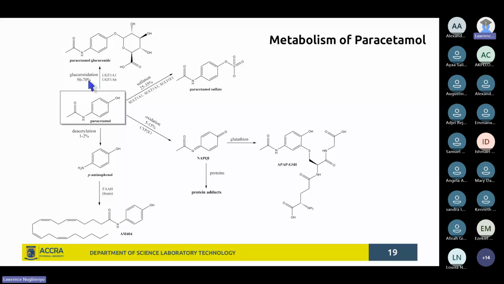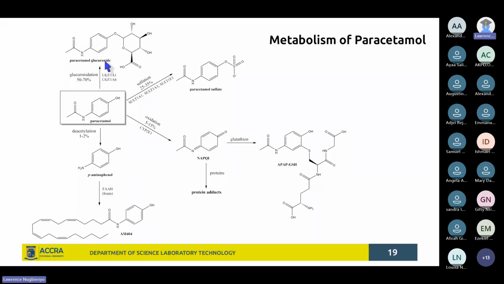About 50 to 70% of paracetamol undergoes this glucuronidation. The reaction we just saw with bilirubin, this is happening with this xenobiotic glucuronidation. So you have glucuronic acid binding onto, in place of that hydroxyl group in paracetamol, you have glucuronic acid binding on there. So that gives you a paracetamol glucuronide.